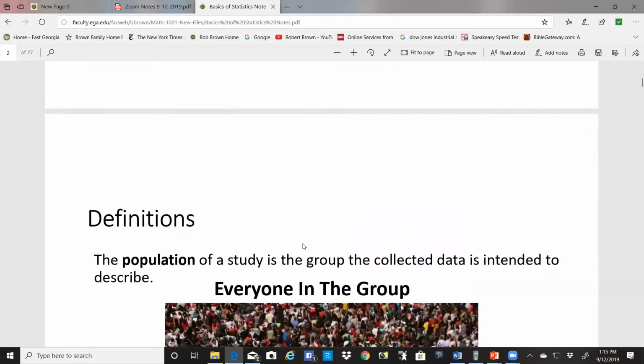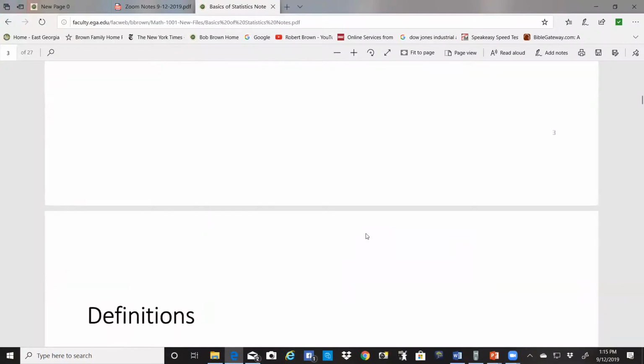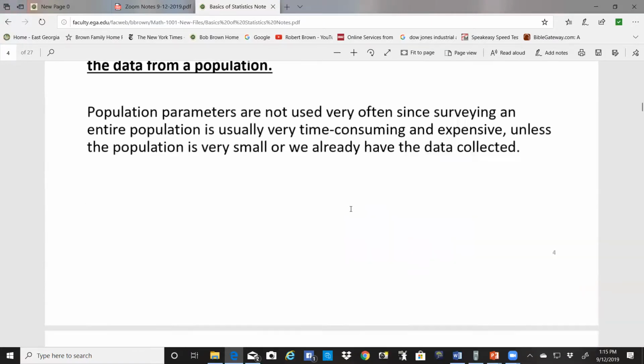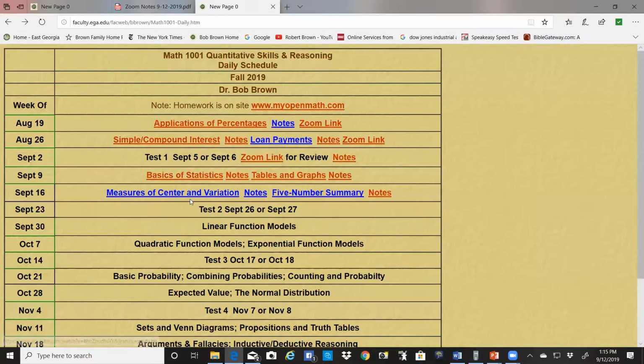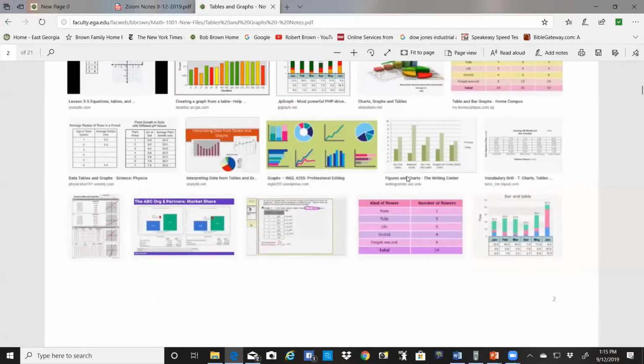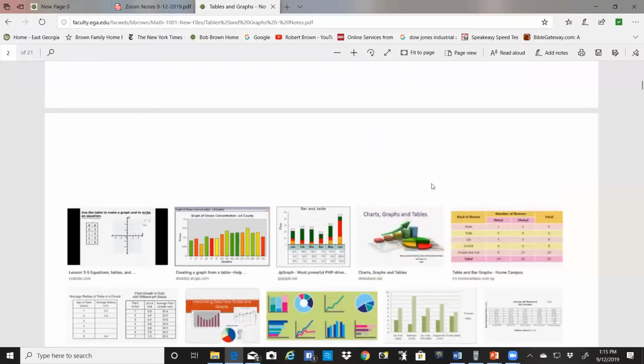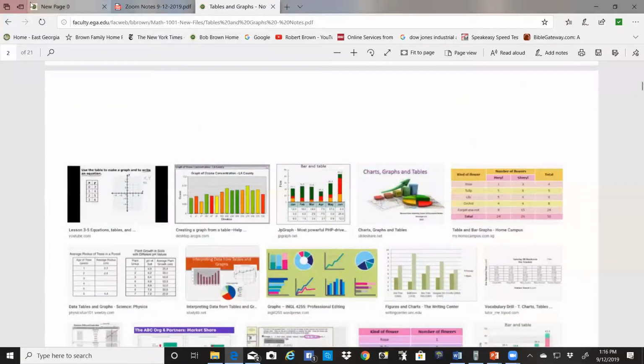And you can take notes on my notes. This is some of the things that were in the video. And next week, okay, we did tables and graphs, and then there were notes for that. And you may have already seen some of this.